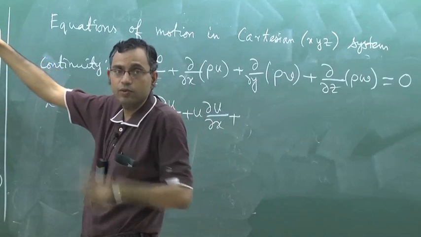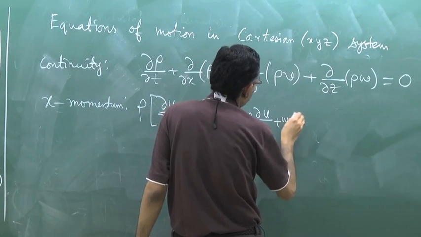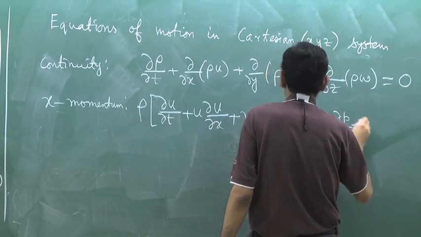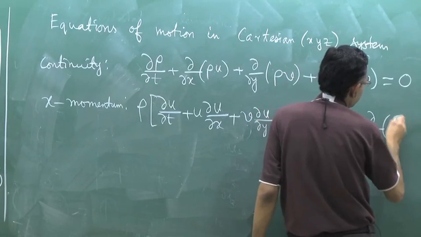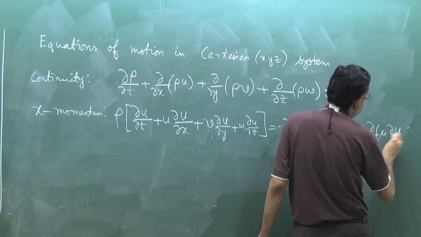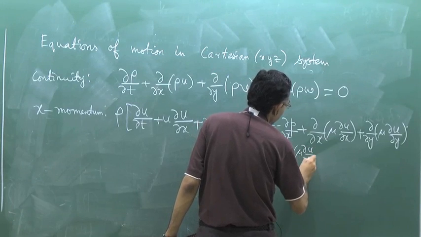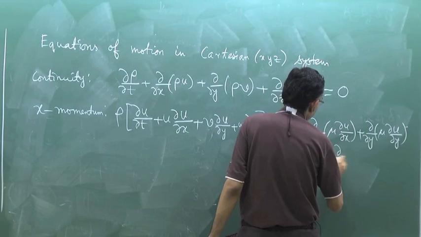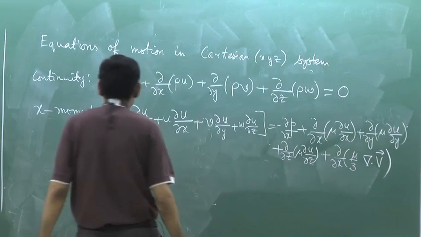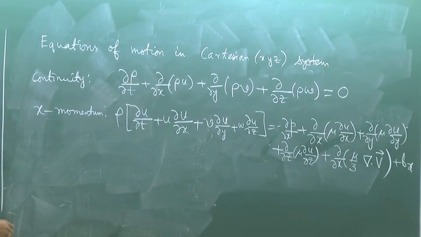What I am doing is I am just writing this equation in normal XYZ notation. So, this is the x momentum. Similarly, we will write the y and z momentum.